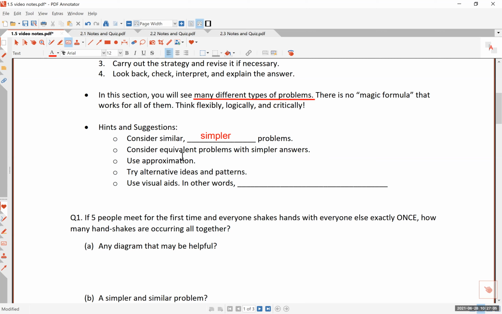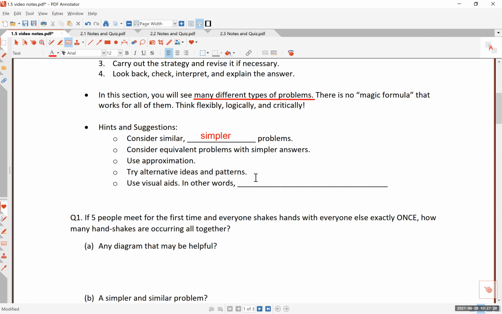Okay, and then consider equivalent problems. Maybe the problem is about, let's say, light bulbs, but you may not even need light bulbs. You may be able to replace these objects with something like numbers or letters or symbols or something. Use approximation, estimate, start thinking, okay, what do you think the answer should be?